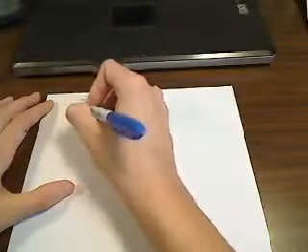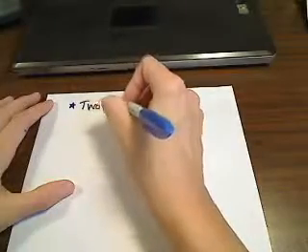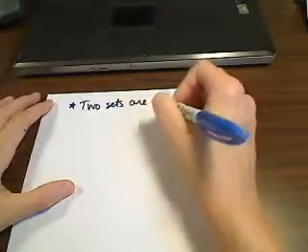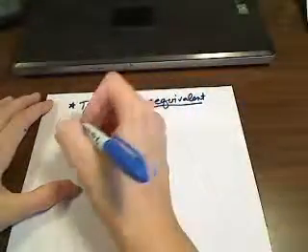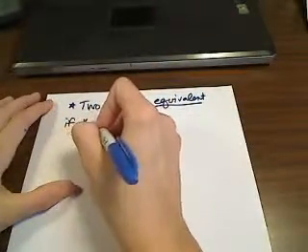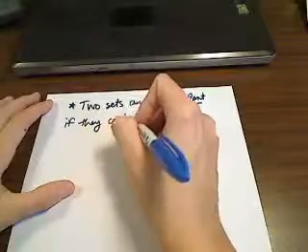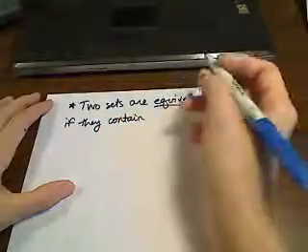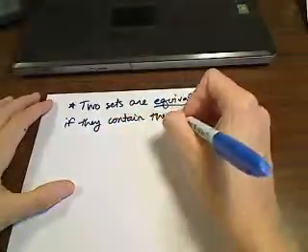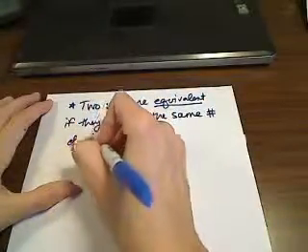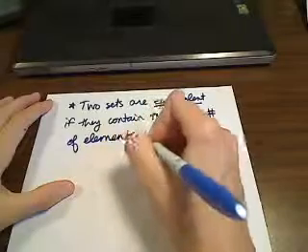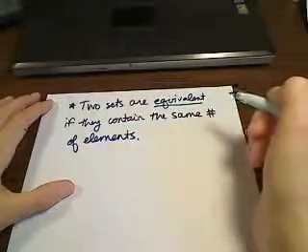So we say that two sets are equivalent if they contain the same number of elements. They don't have to be the exact same elements, just the same number.